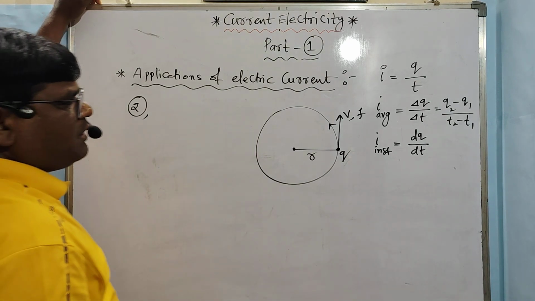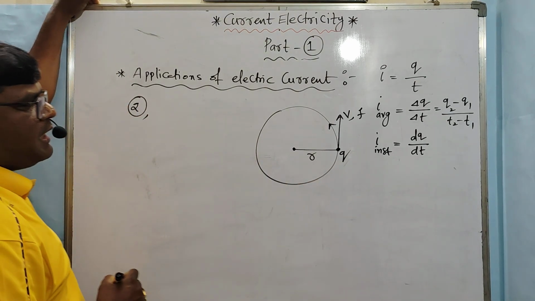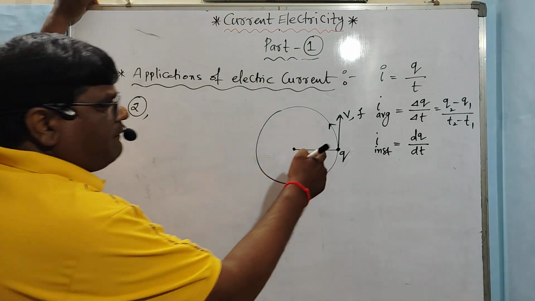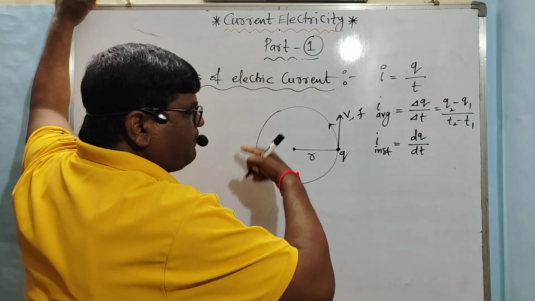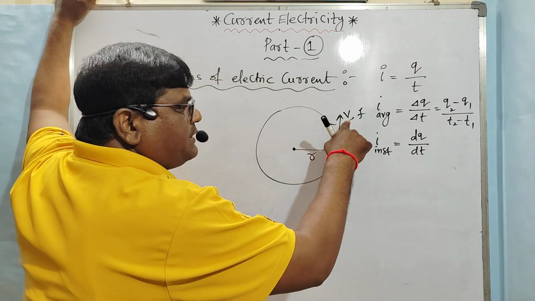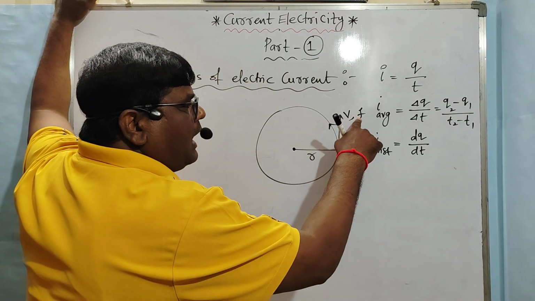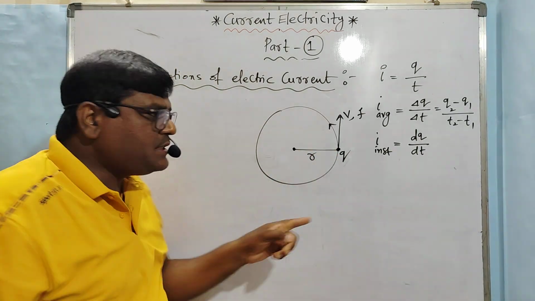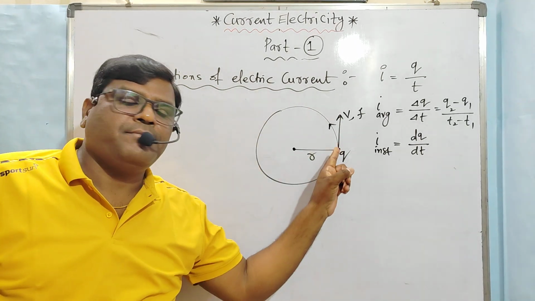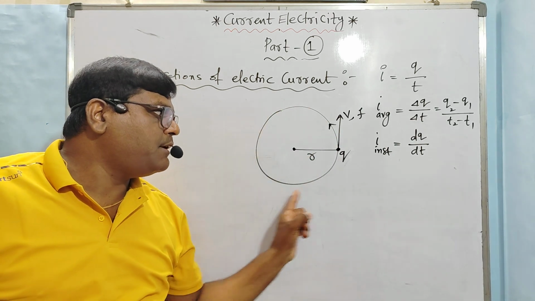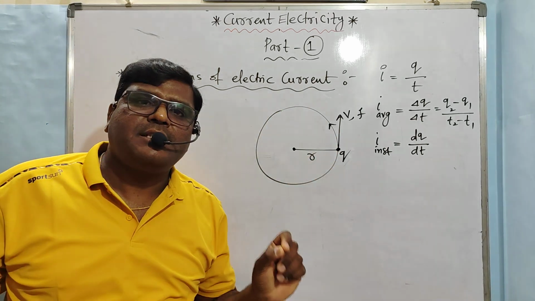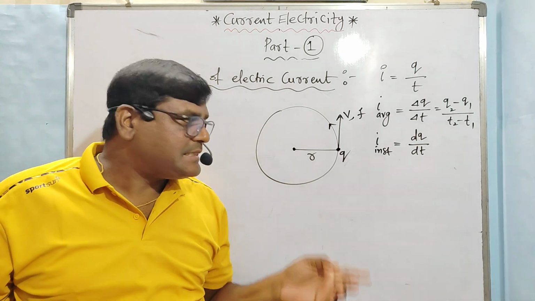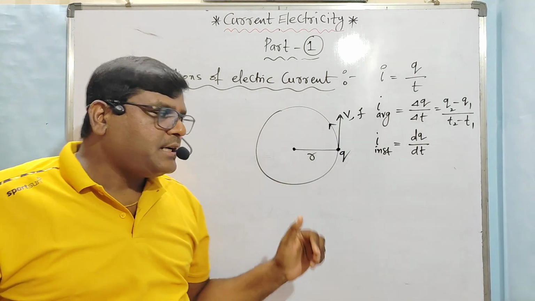Now in this case, how can we define the current and velocity, whatever the formulas? See, for example, when a charge is revolving in a circular path of radius r with a speed v and frequency f, then if the charge completes one revolution, how much distance can it travel? That is equal to the circumference of the circle only.